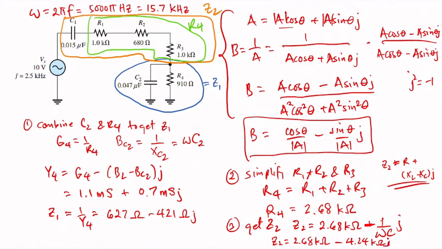Okay, so now that we know Z1 and Z2, we can combine them to get the total impedance, or the equivalent impedance. We call it Z, so Z1 plus Z2.